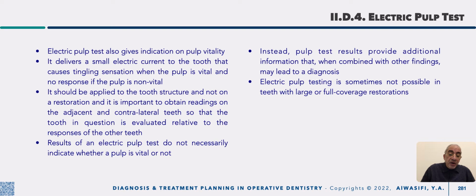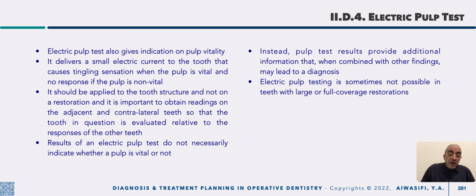The problem with the electric pulp tester is that it is not suitable for testing teeth with large restorations or teeth with full coverage. A large restoration, either metallic, will conduct electric current in a faster way, or non-metallic, will act as an electric insulator.